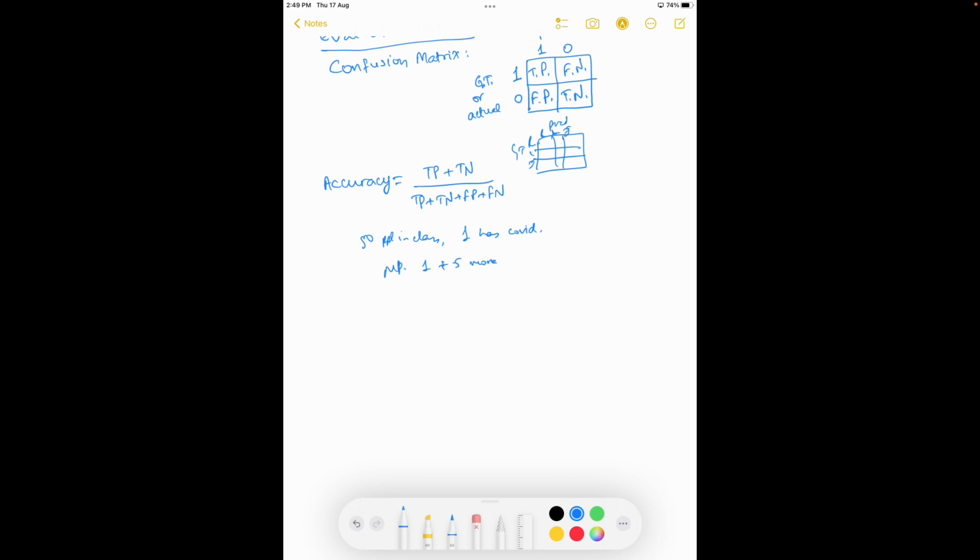So what is the confusion matrix? Draw the confusion matrix. Something like this. This is the ground truth. Positive, negative means COVID is there or COVID is not there, or 1, 0, whatever. Fill up the entries of this table.